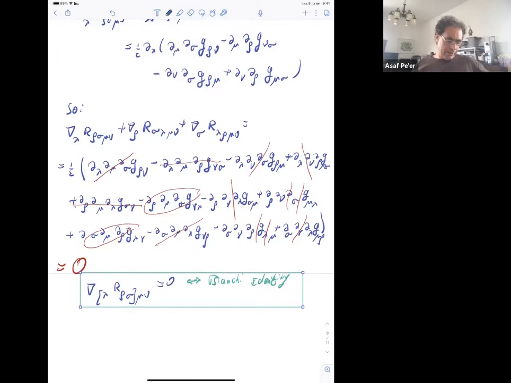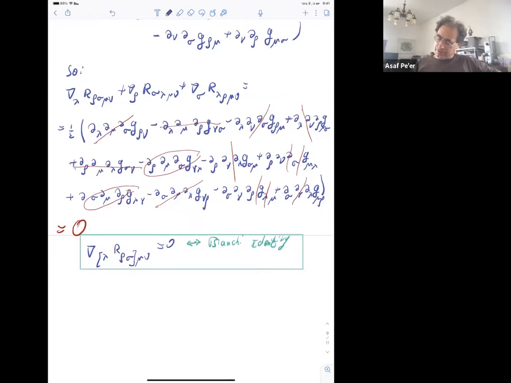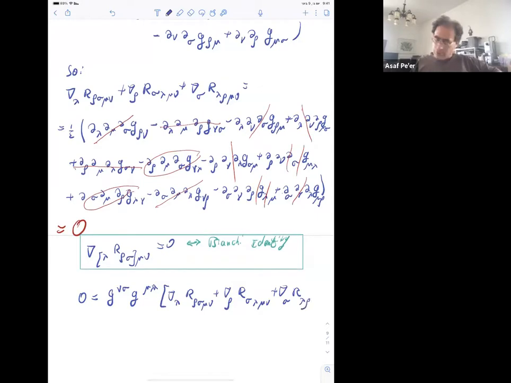For now, I'm going to take the Bianchi identity and contract it twice. So I have 0 equals g^{μσ} g^{νλ} times the Bianchi identity, ∇_λ R_{ρσμν} + ∇_ρ R_{σλμν} + ∇_σ R_{λρμν}.